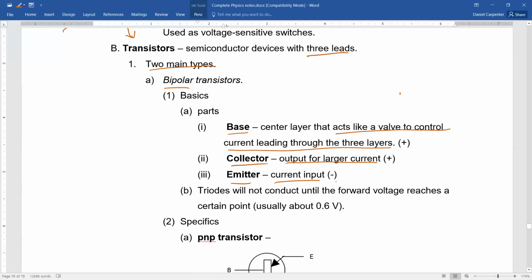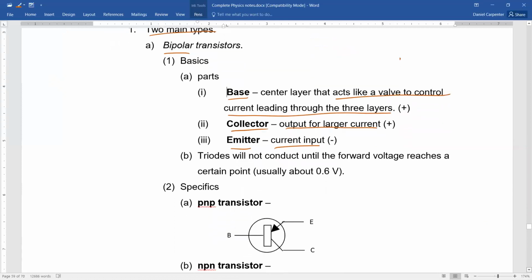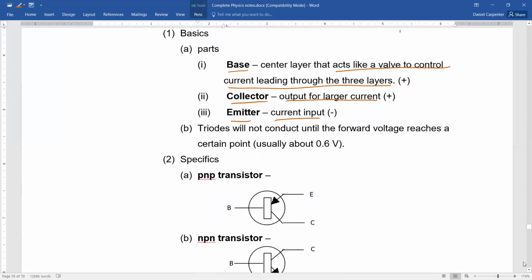Now, that sounds backwards. Seems like the emitter should be the output and the collector should be the input. And this is part of why my dyslexic mind gets so confused here, because I tend to switch things, and when they're switched from what they sound like they should be, then I really get messed up.